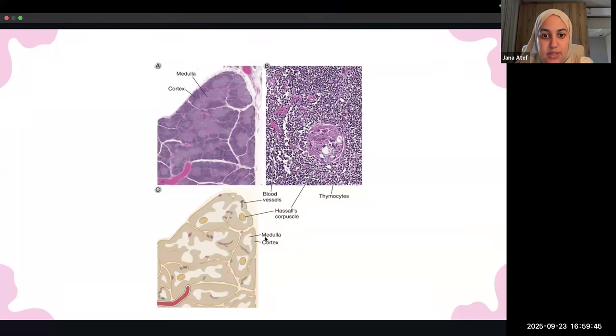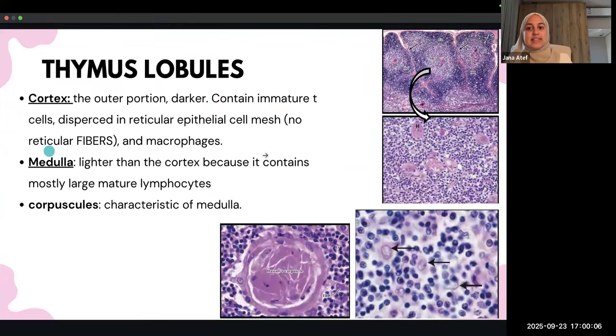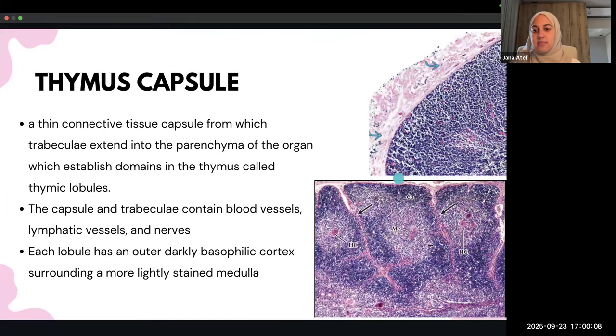What is the function of a trabecula? Function of a trabecula in the thymus: it separates it. We're going to go into more detail on the trabecula in the spleen, because that's where it actually has a function. But trabecula means an invagination, and it has the capsule with it, and with it come some blood vessels. So the main function of the trabecula is that it contains the blood vessels and nerves and everything that supports the organ.